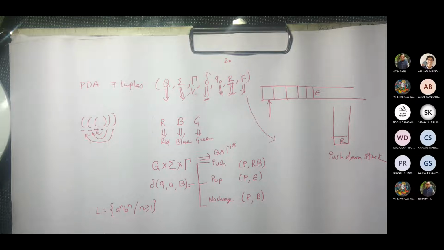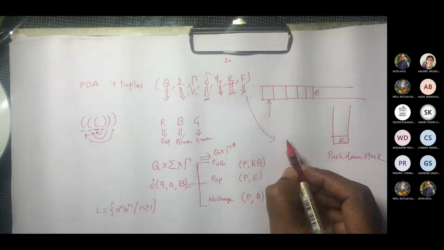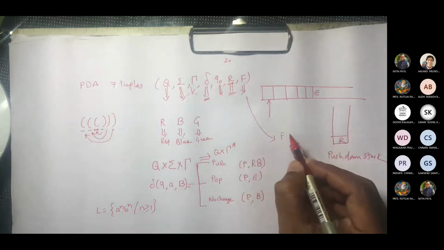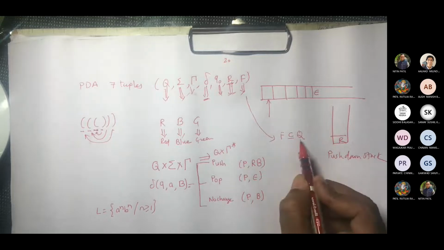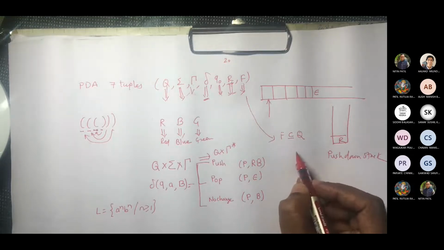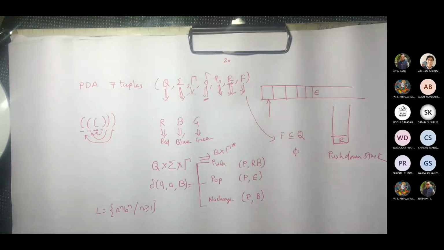Now when it is empty, at the same time we are going to make sure that F would be a subset of Q. When I say F is a subset of Q, one of the subsets of Q is phi.